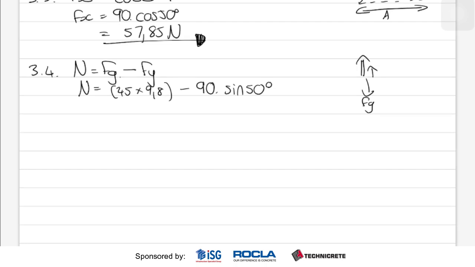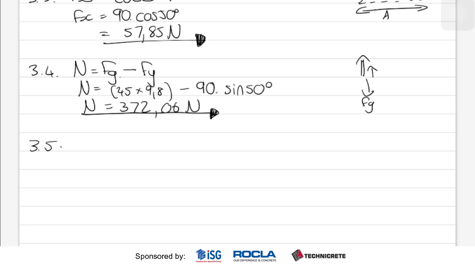If you put that into your calculator, you should get a normal force of 372,06 newtons. Again, they only asked for the magnitude and not the direction. Had they asked for the direction, it would have been up.